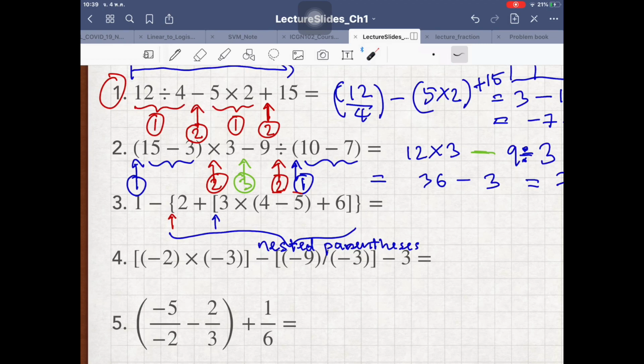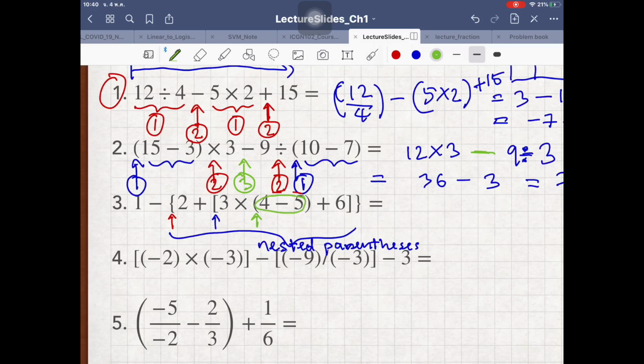And you can skip multiplying, all right, because next you see that you have the parentheses, the term of 4 minus 5. So it means that you need to calculate the term of 4 minus 5 for the first step.